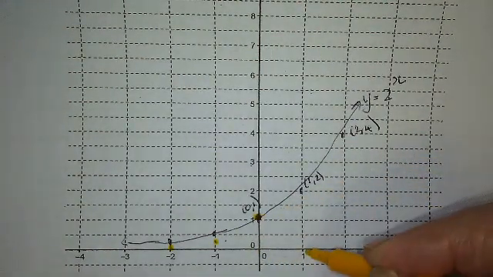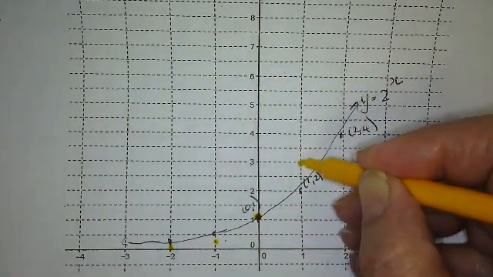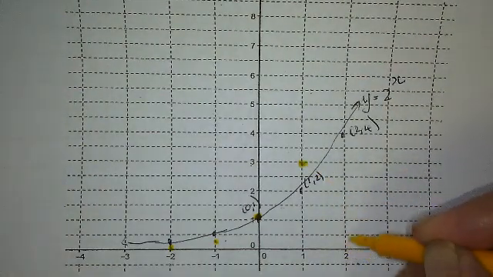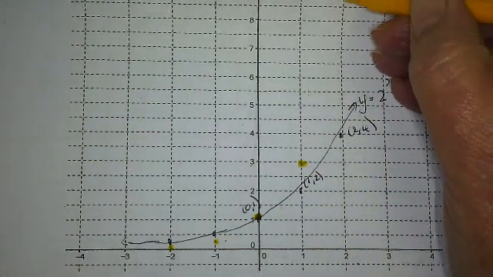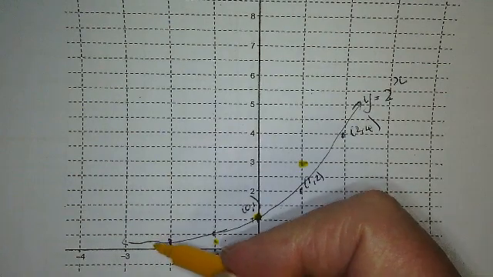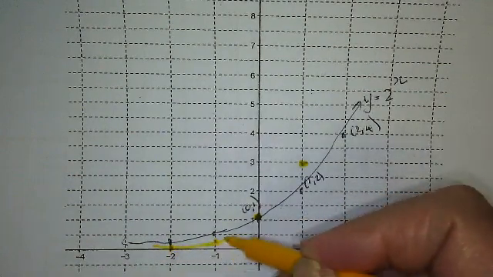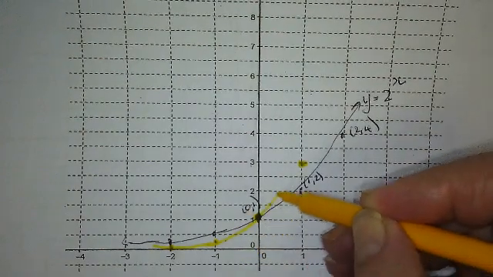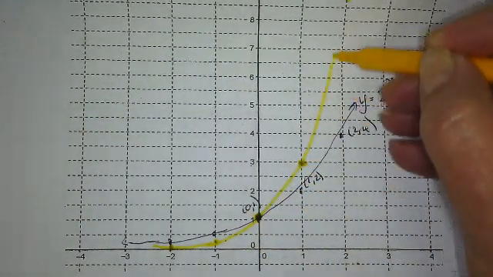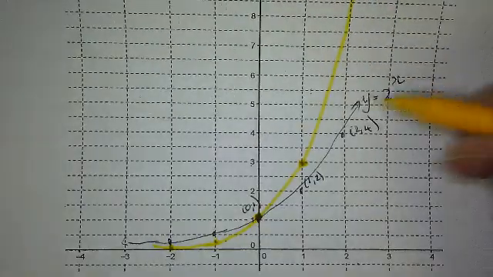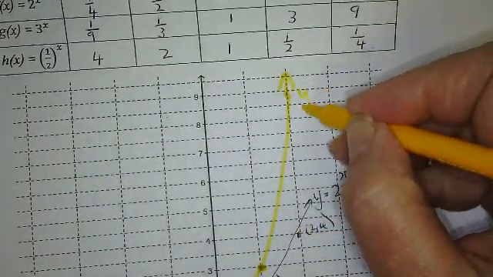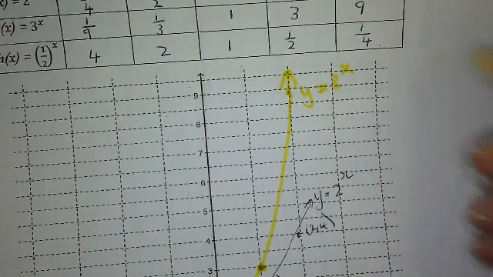Then the 1 will now be a 3. And the 2 will be a 9. So what happened to this one is getting closer to your x-axis, no x-intercept, passing through the 1, passing through that dot, passing through that. So this one is then y is equal to 3 to the x.